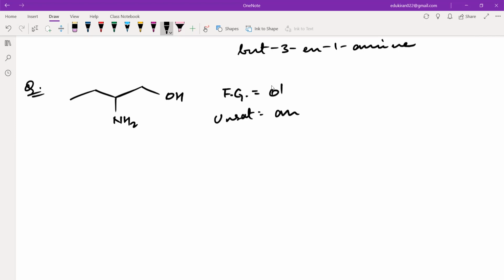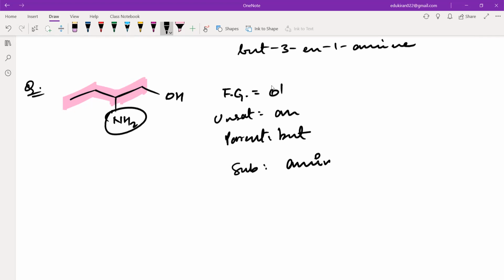Unsaturation is what? AN. Then you have parent. A parent, as you can see, I have 1 carbon, 1, 2, 3, and 4 carbons. So this will be bute. And then we have substituent. Substituent is amino. ठीक है, तो इसका नाम चेंज हो जाता है, अमीनो हो जाता है ना when it is a substituent. Now let us see what number should I give.